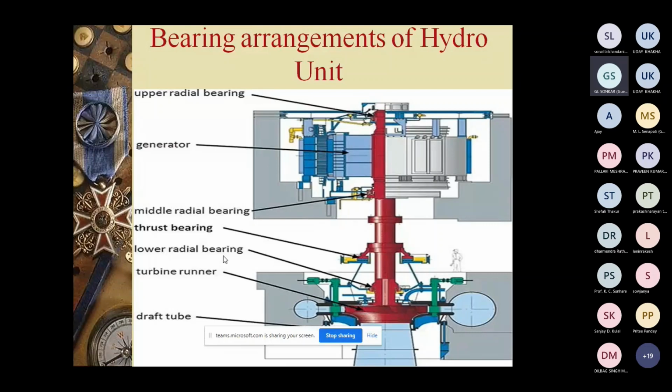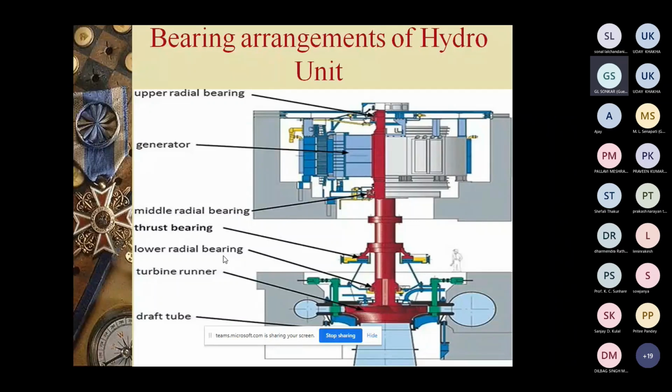That means three guide bearings are there: two for the generator, one for the turbine, and one thrust bearing. That thrust bearing means all the thrust or weight of the machine is held there. That is called a suspended type machine.